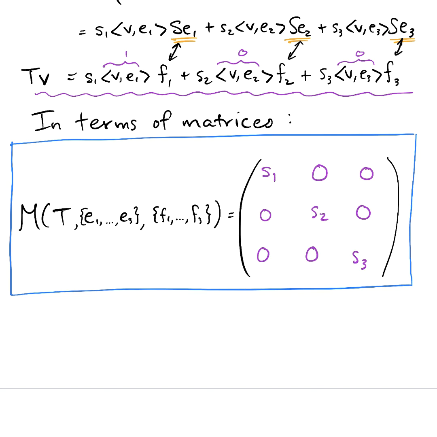They don't match. We're not willing to call the operator T diagonalizable, but still, if you're willing to use two separate orthonormal bases, one on the domain side of the picture, one on the range side of the picture, then literally any operator has a diagonal matrix representation.